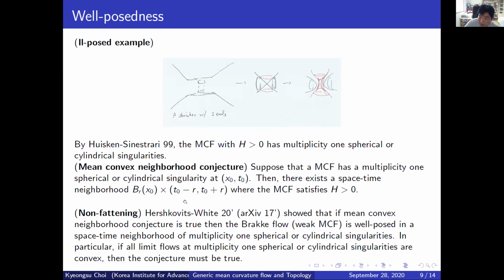This is not a parabolic neighborhood. We consider the time period beyond the singularity, right? So this is just a space-time neighborhood, and in this neighborhood, the mean curvature flow has positive mean curvature.